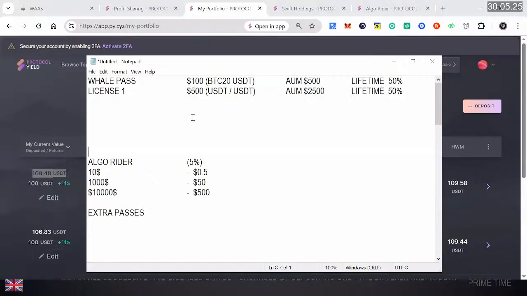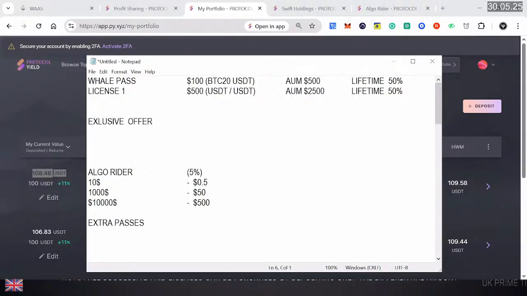Okay. Now here is the deal with you all. Anybody who would like to increase these whale passes to license one, we have an exclusive offer for everybody, but this is applicable only to whale passes. So anybody who has a whale pass can now upgrade to license 1, that is $500, by paying only the differential amount, right?